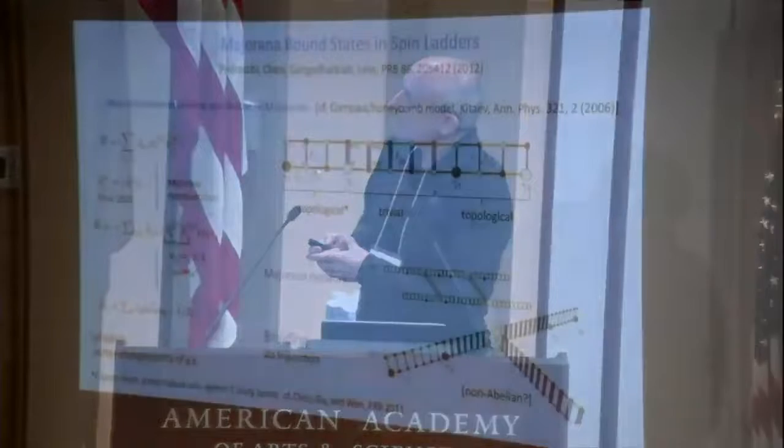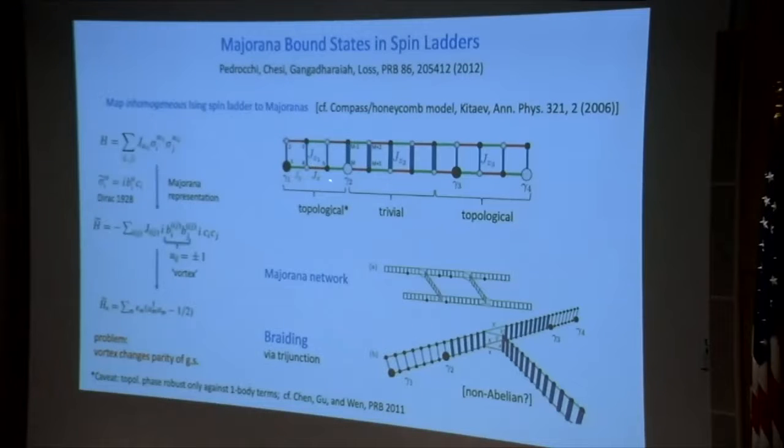So let me introduce a simple model, which is actually not that far from experimental realization, but also not that close. You will see in a moment why. This is a spin ladder, and we have these red, green, red, blue links, and they all have a different exchange interaction. So here's a spin exchange Hamiltonian, which is Ising-like.